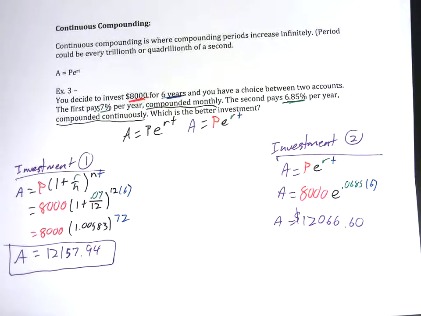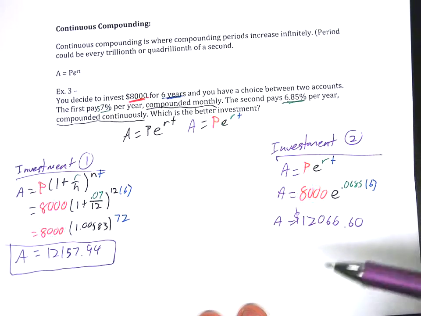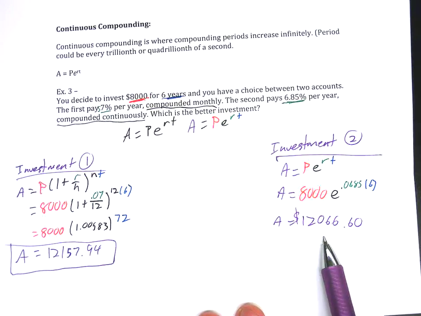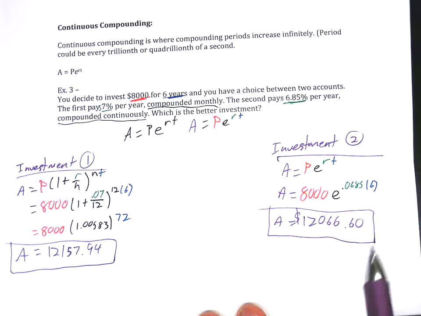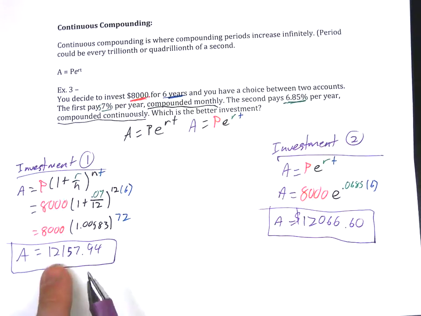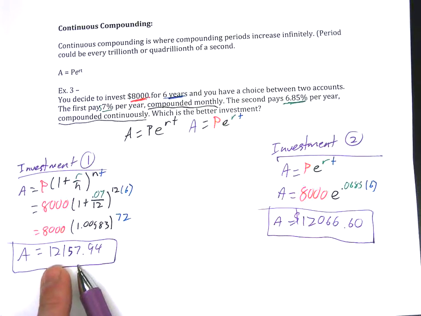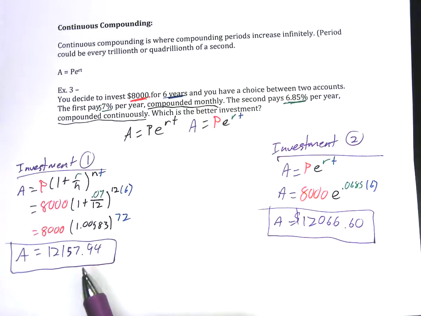So if you note here, if you look at the difference between these two, you actually find out that if it's continuously compounding for 6 years, it actually comes out to be slightly less than if it compounds only 12 times per year at 12,157.